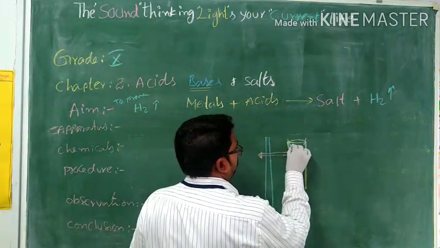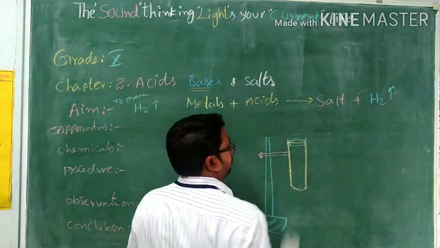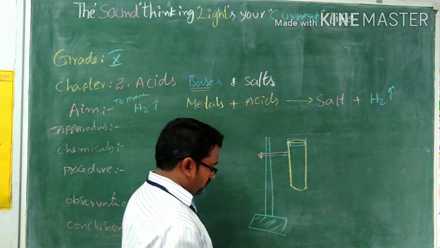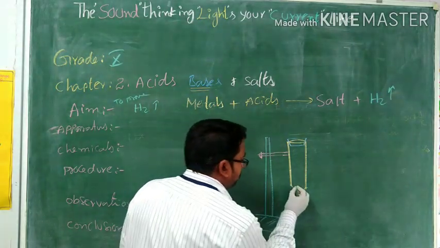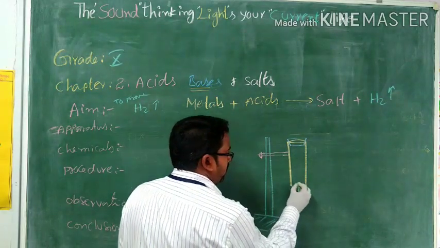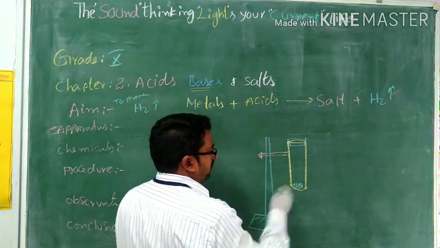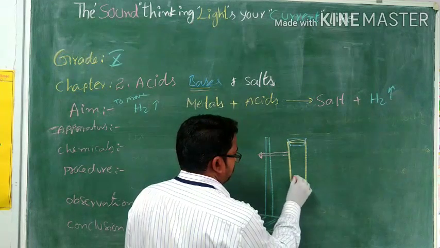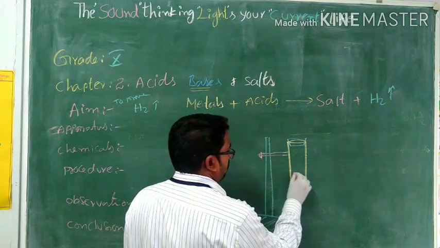Now like this, one monohole rubber stopper is there. So before closing this, we have to take some zinc granules in it, and hydrochloric acid, diluted hydrochloric acid.